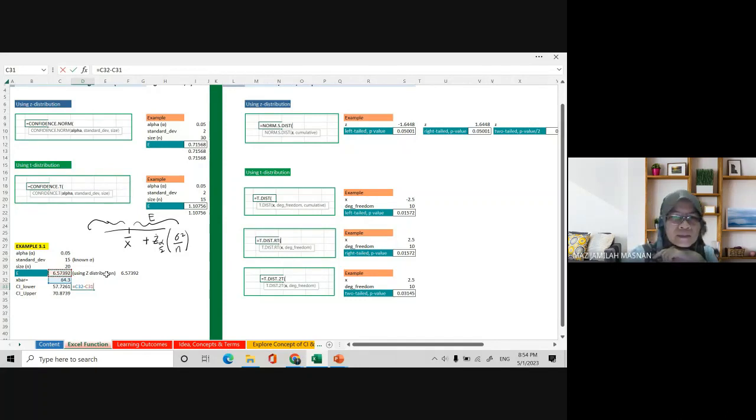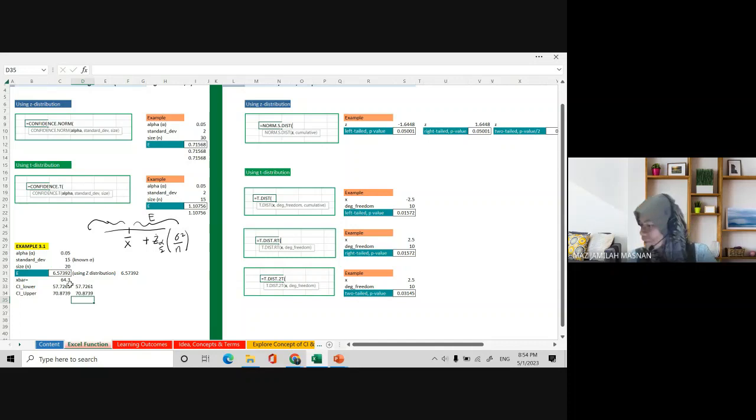Then enter. I got the lower bound, which is exactly the same as what you got in your textbook. Now repeat for your upper CI. The upper CI should be plus. So I have 64, the X bar, plus margin of error, enter.